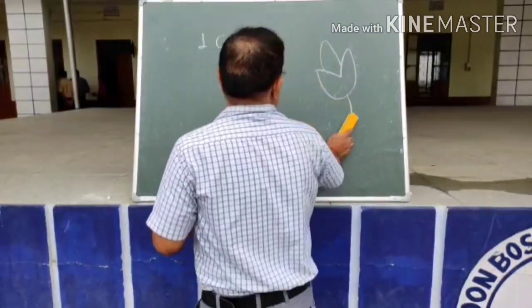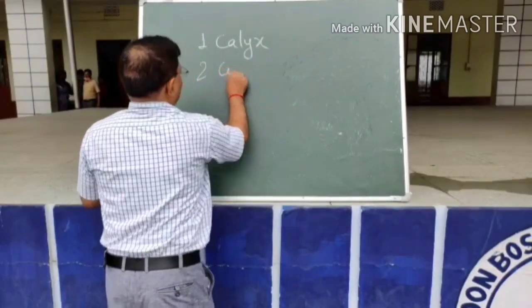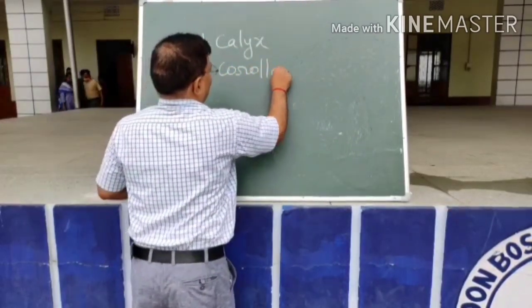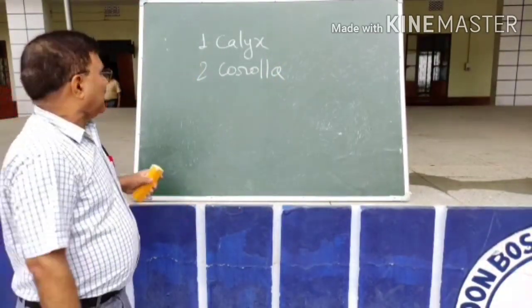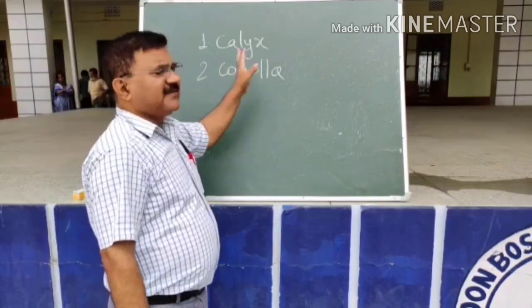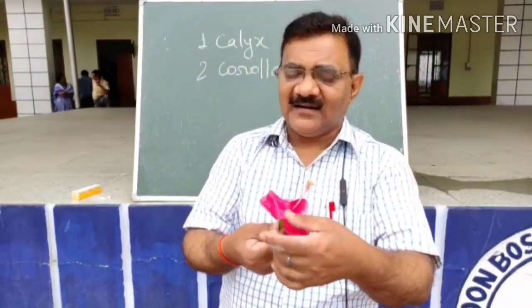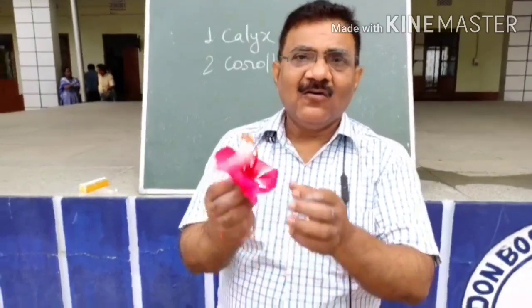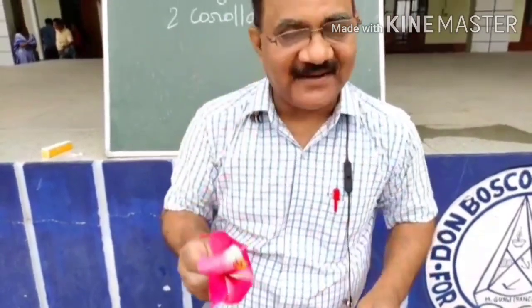Now corolla, the second whorl is the corolla, and corolla is the most beautiful part of the flower. It is colored to attract the insects, as I have discussed, and you can see this beautiful part. This is the corolla. The whole whorl is the corolla, and 1 unit of corolla is petal.